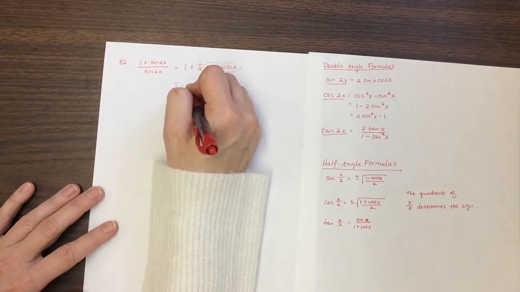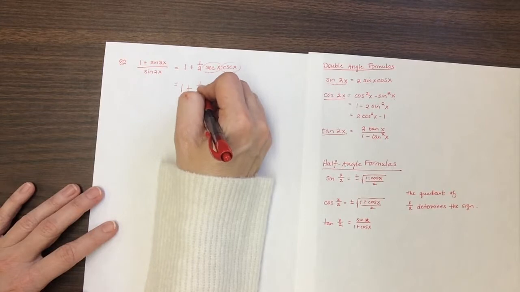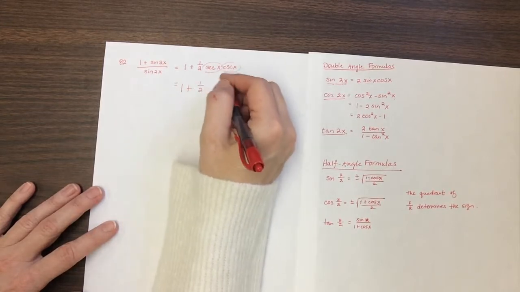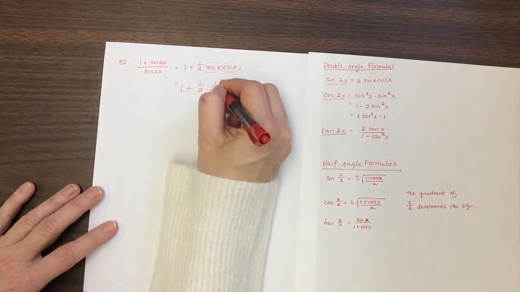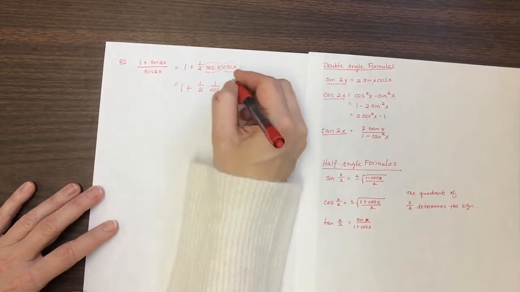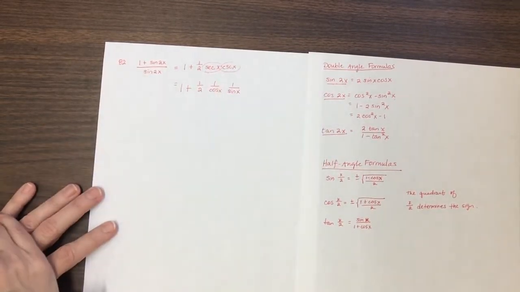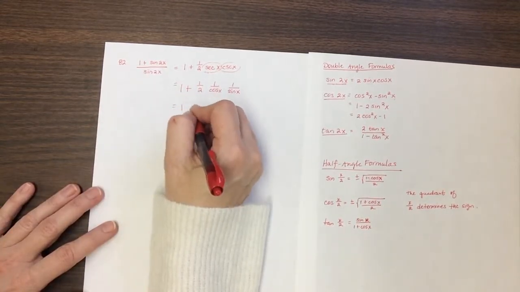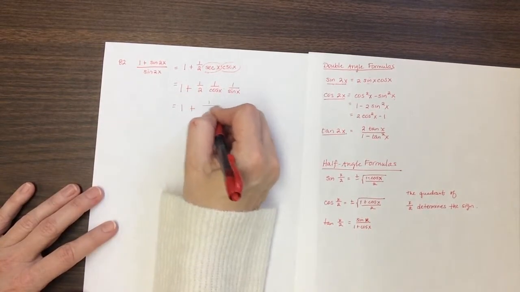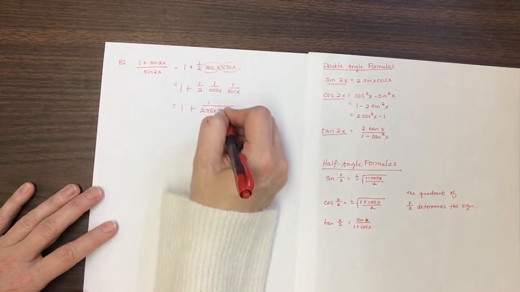Alright, so I've got 1 plus 1/2 times the secant of x, which is the reciprocal of the cosine of x. The cosecant of x is the reciprocal of the sine of x. So far I've got 1 plus 1 over 2 times the cosine of x times the sine of x.